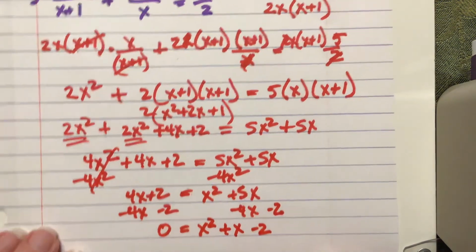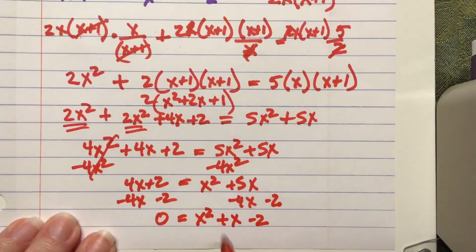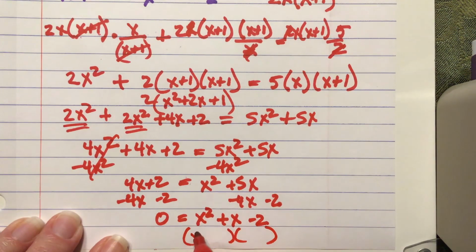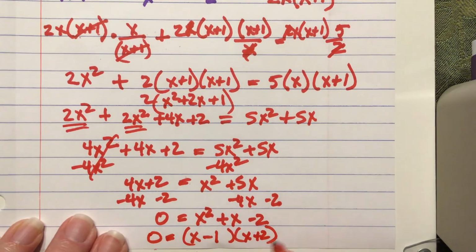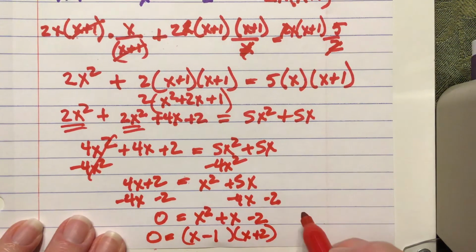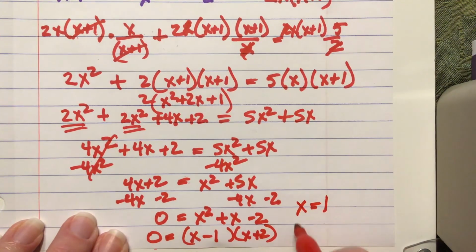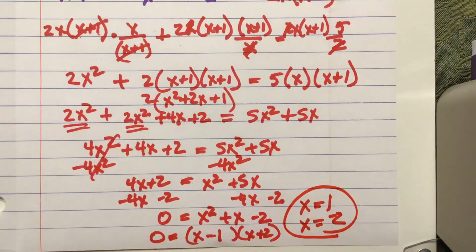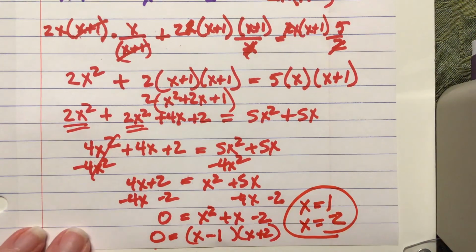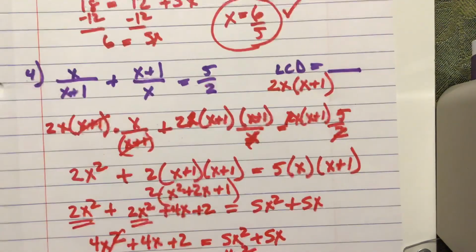So now I can solve this by factoring. Let's factor this. This is (x minus 1), and this is (x plus 2) is equal to 0. So now when I look at that, I have that x can be equal to either 1 or negative 2. So those would be my two answers. Now I need to check what I'm not allowed to have. So let's go back up here.